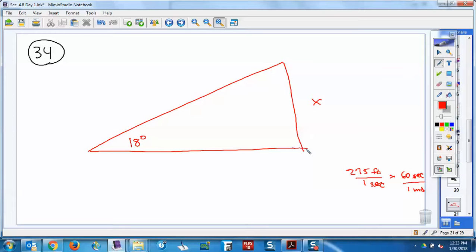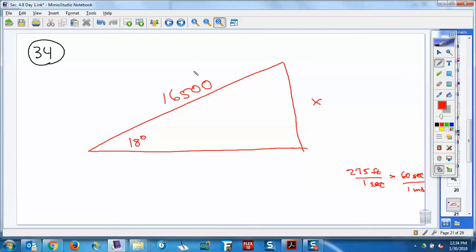I did 63. So 275 times 60, 16,500. Now where does that go? Hypotenuse or down here? It is the hypotenuse. 16,500.